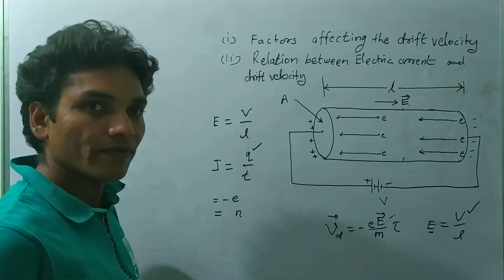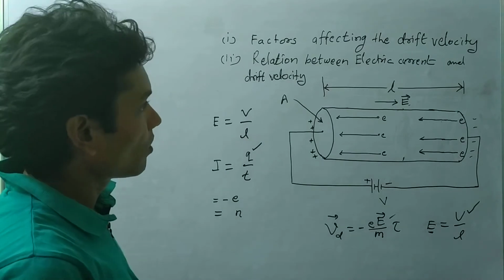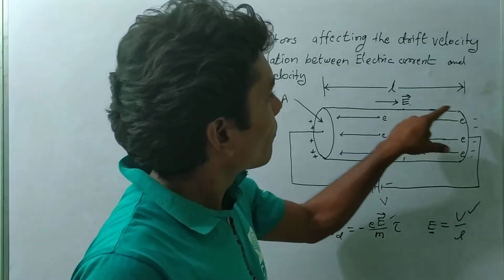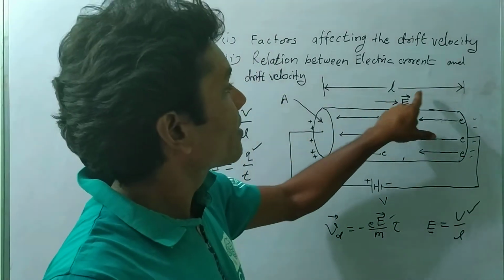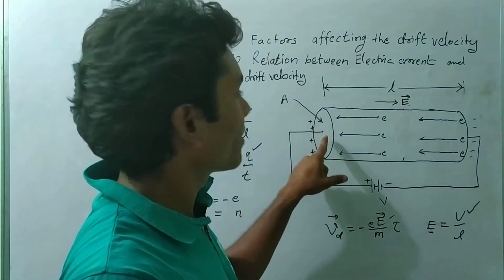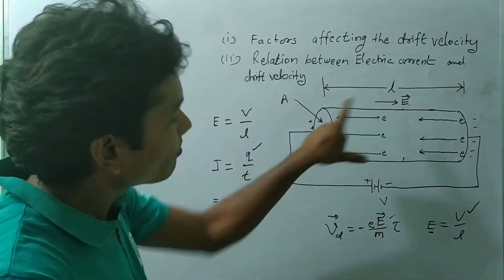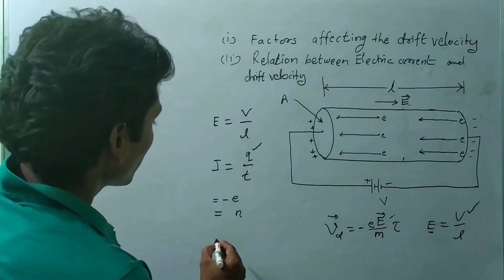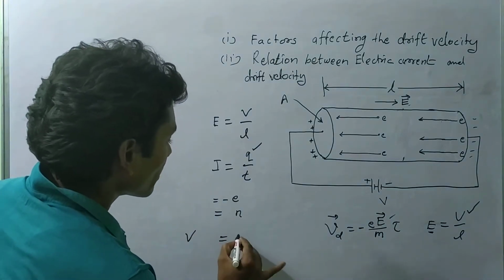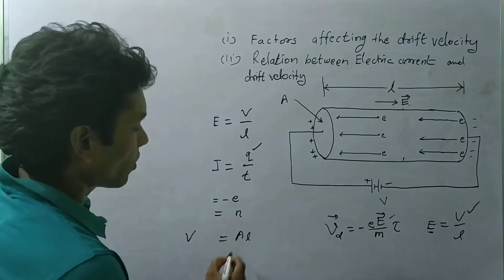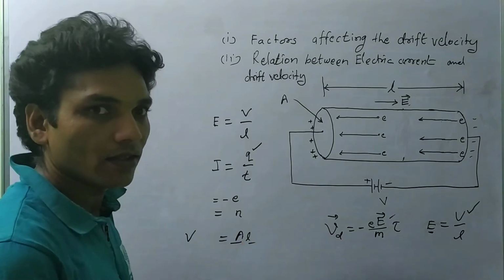Now what is the volume of this cylindrical conductor of length L and cross-sectional area A? The volume V will be A into L, cross-sectional area into length.